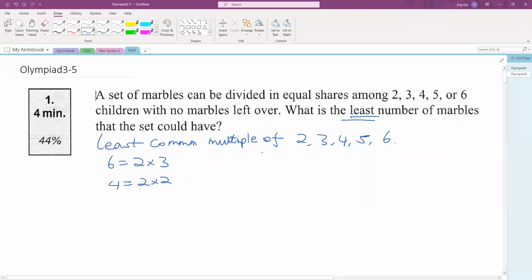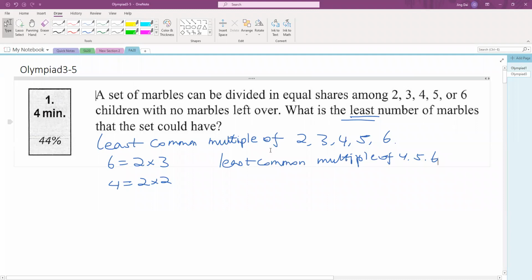So this reduces to the least common multiple of 4, 5, and 6. Okay, everybody agree? So what Sophie said was, 6 can be factorized by 2 times 3, and 4 can be factorized by 2 times 2.